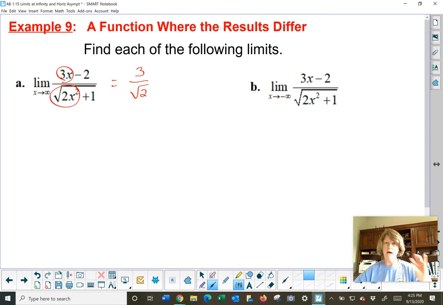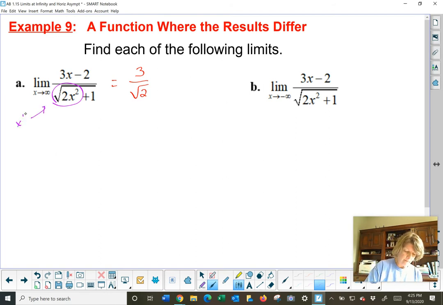But I want to show you how to show it mathematically rather than using those simple guidelines. So what we're going to do is in our denominator, we selected out our highest power, which is really a power of x. All right, now let's go with the limit as x goes to infinity, 3x minus 2 divided by, I'm going to show the square root of x squared.